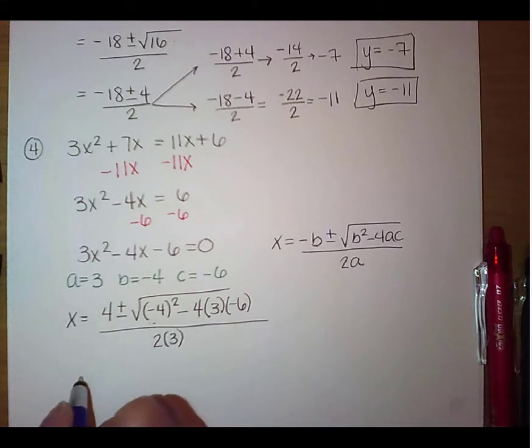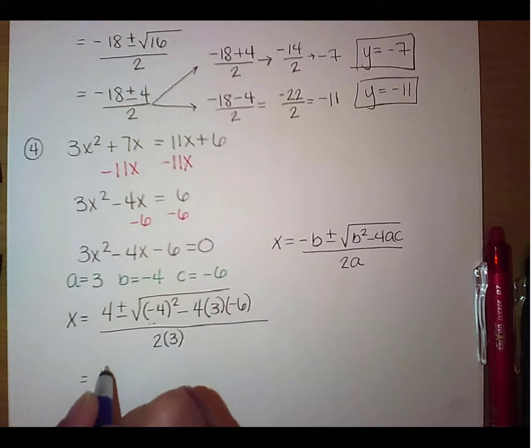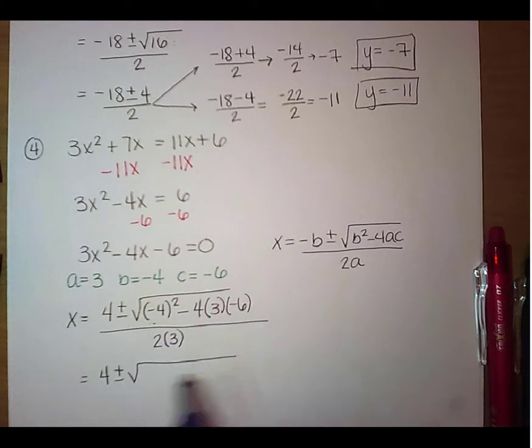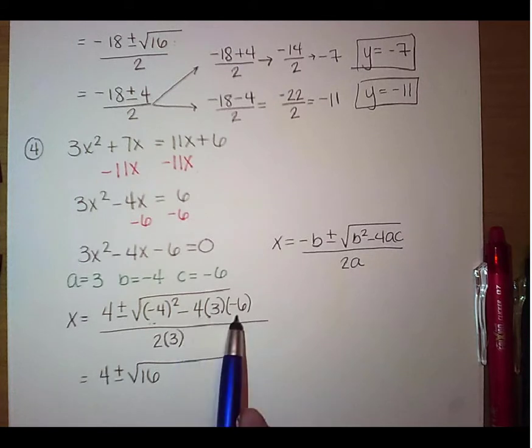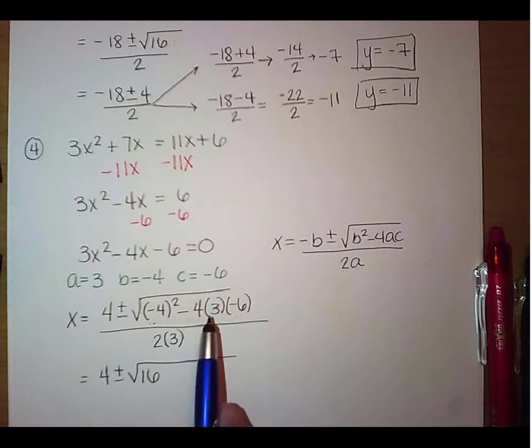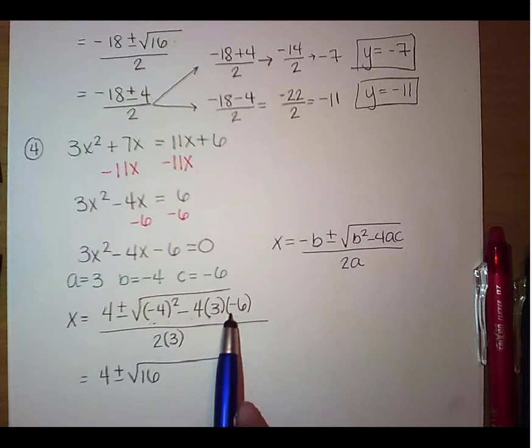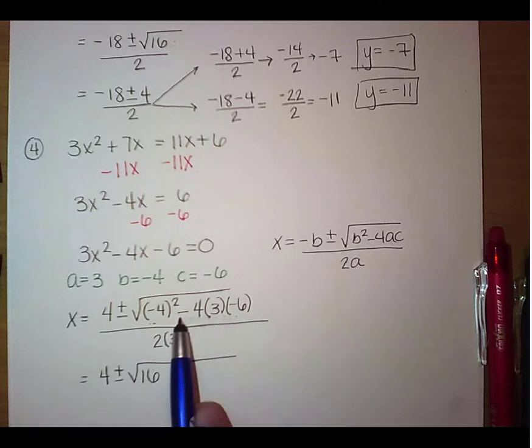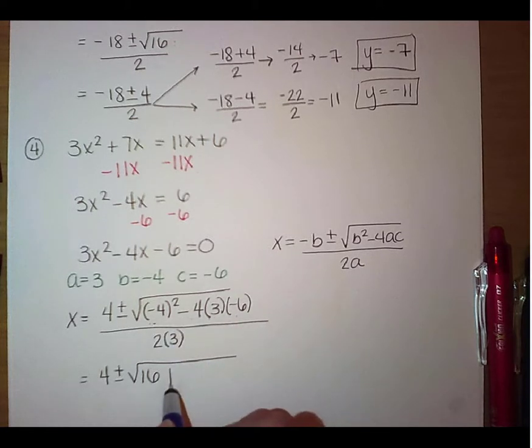So now we're on to our simplification. We still have our +4 there, plus or minus the square root. Again, this right here is -4 times a -4, which is a +16. Now let's look at our signs here. Notice that you have a -4 times a positive times a negative. So two negatives multiplied together is actually going to make that a positive.